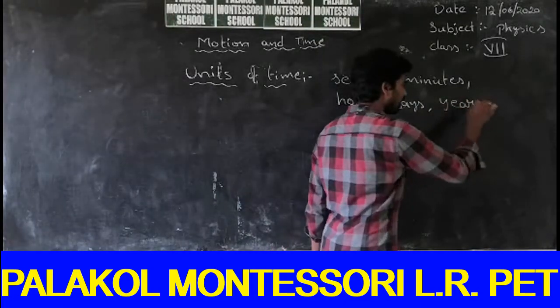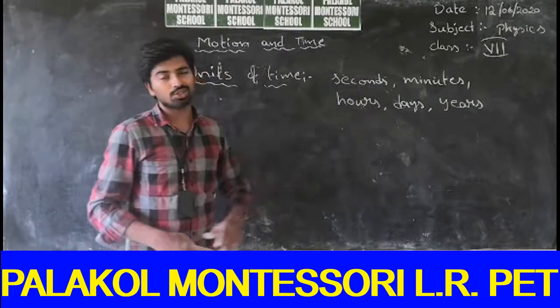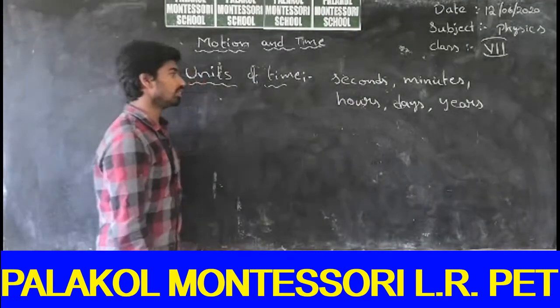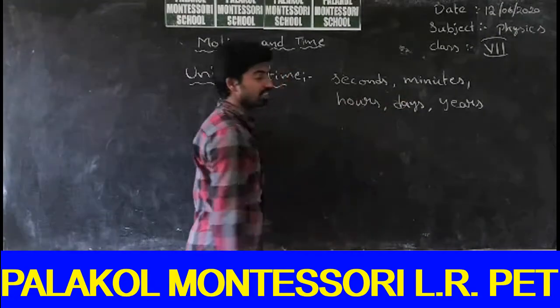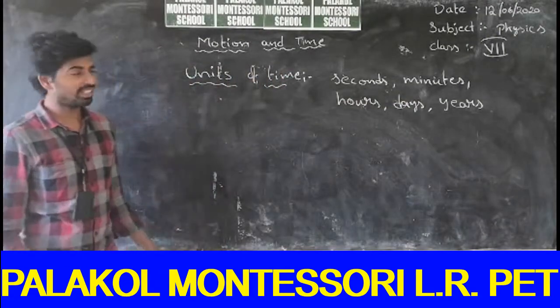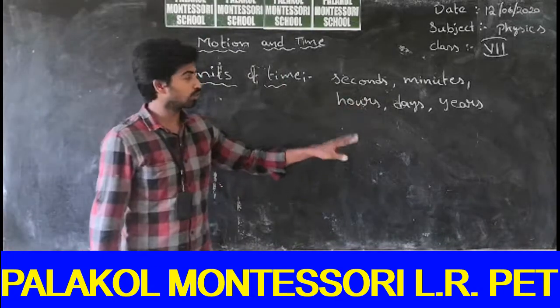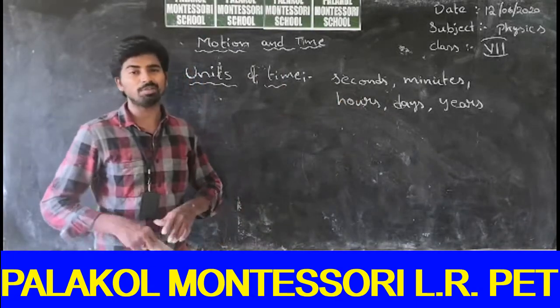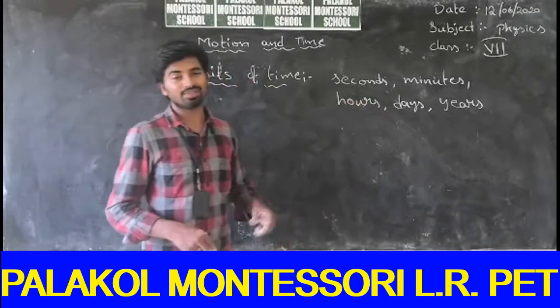These are the general units of time. Time will be measured in the units of seconds, minutes, hours, days, years. Let us learn about the conversion of units. These units will be used depending upon the situation.